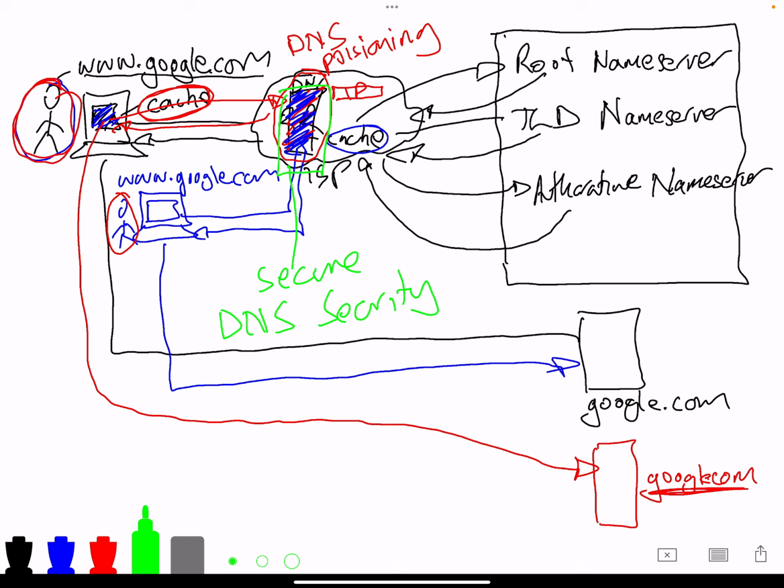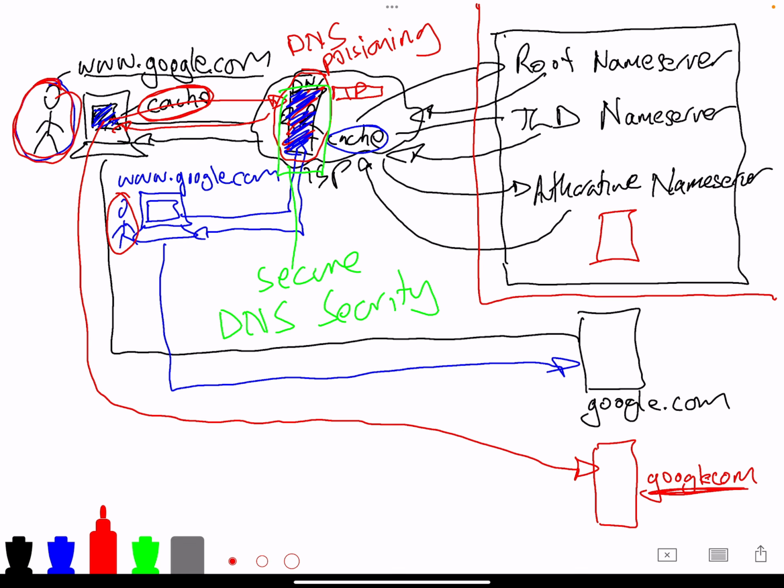Another attack vector could happen on this side of the DNS aspects, when it's going and finding that IP address. What we could do in this area is inject a fake authoritative name server, a fake IP address, into that system.